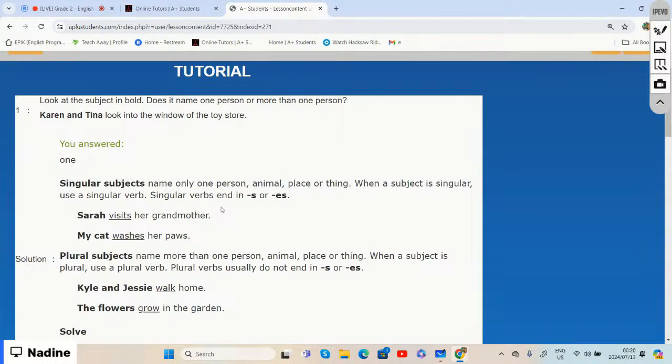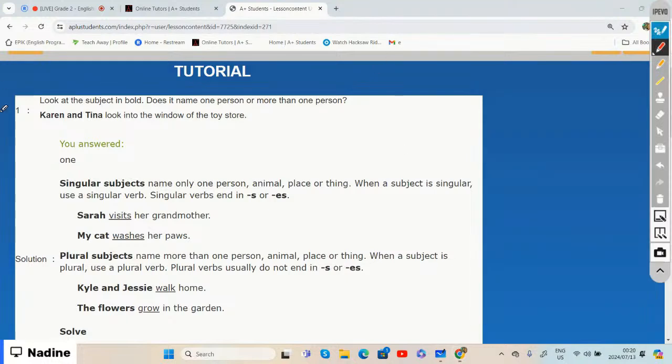All right. And if we were to say Corin and Tina, we need to say what does it name, one person or more than one person? Yes, Corin and Tina refers to more than one, because they are talking about two people, which is Corin and Tina.